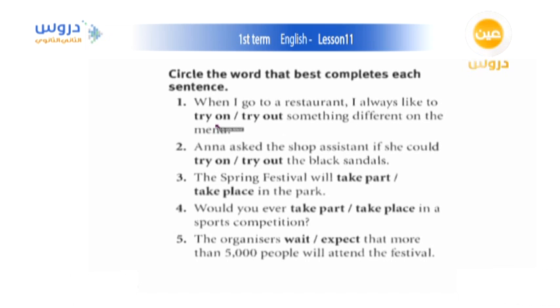And try on, we use it for clothes. When we buy new clothes, we say try on. It means try to put it on you and try it. So of course, now we're talking about a restaurant, so we try out something different on the menu.